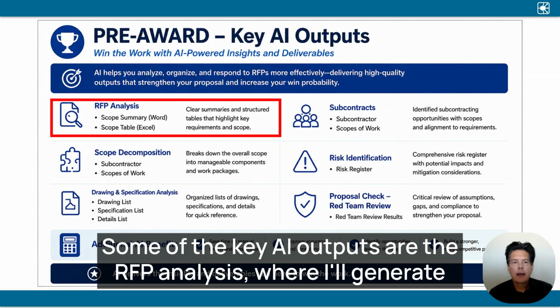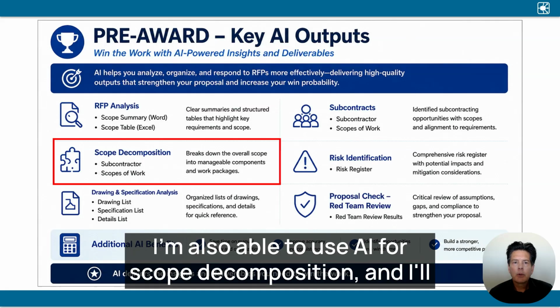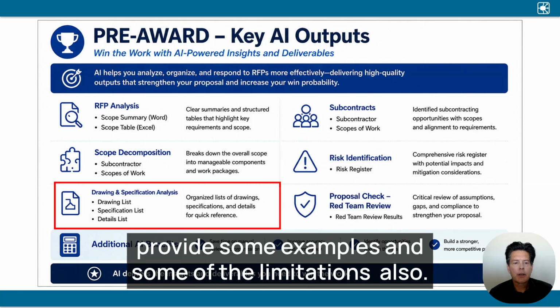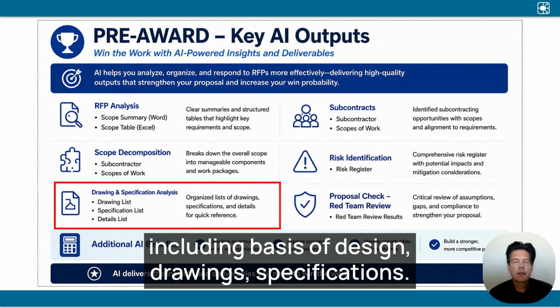Some of the key AI outputs are the RFP analysis, where I'll generate a scope summary in Word and also a scope table in Excel. I'm also able to use AI for scope decomposition, and I'll provide some examples and some of the limitations also. I have been successful in analyzing drawing packages, including basis of design, drawings, specifications.